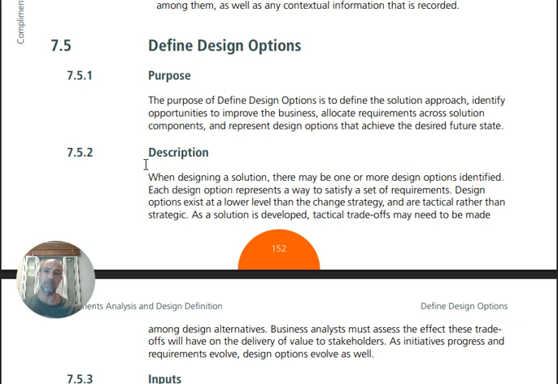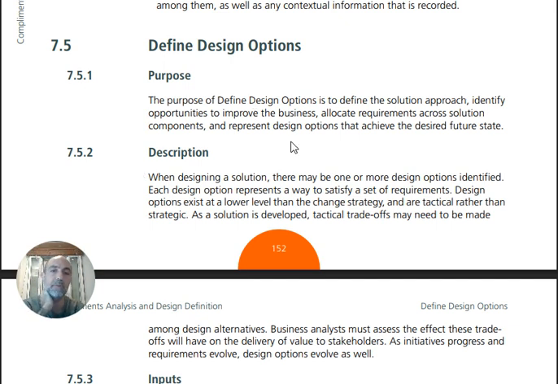We're specifying the model we're going to use in this chapter. We're verifying that the model and the requirements are useful. We're validating their usefulness and their connection. We're defining the requirements architecture, which is what we did last chapter. And right now we're defining the design options, like what are the options for our design.